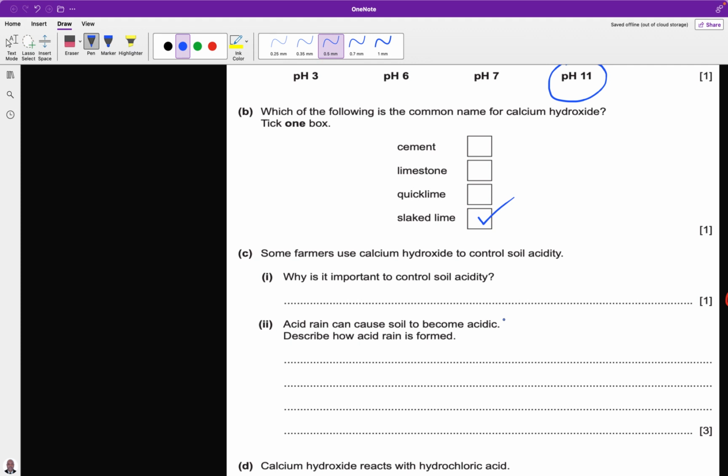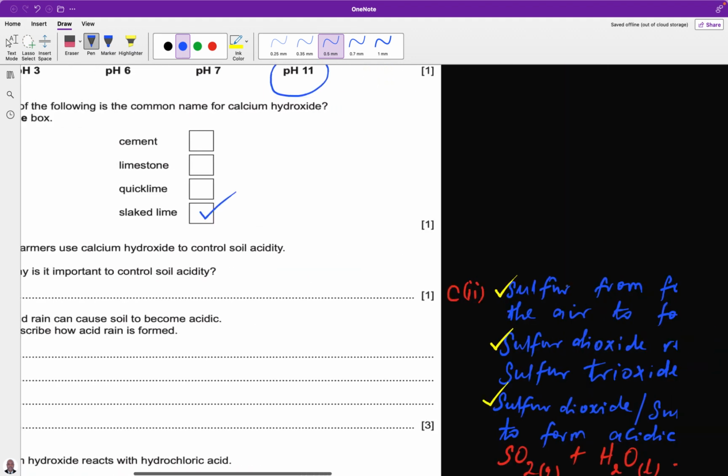Plants will grow properly in alkaline soils. You can write it like that: it is important to control soil acidity because plants do not grow in acidic soil. Or you can say because plants grow well in alkaline soils.